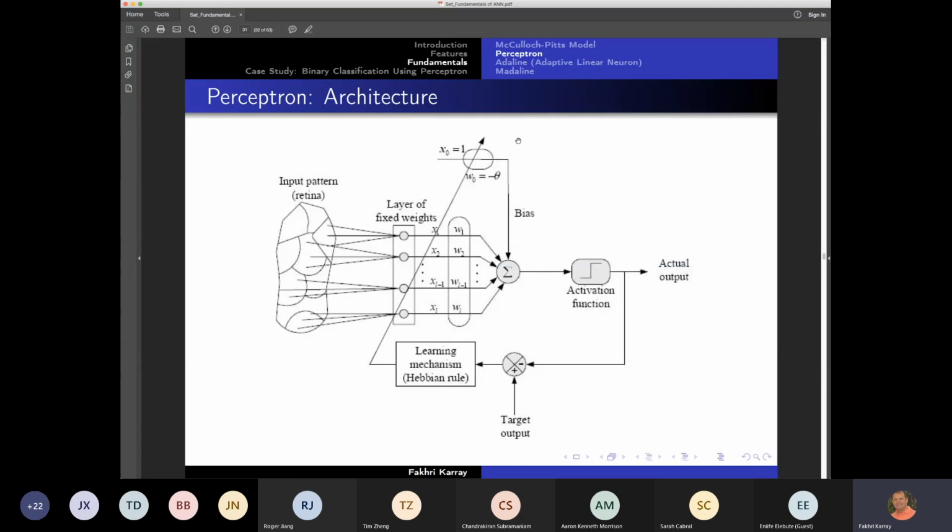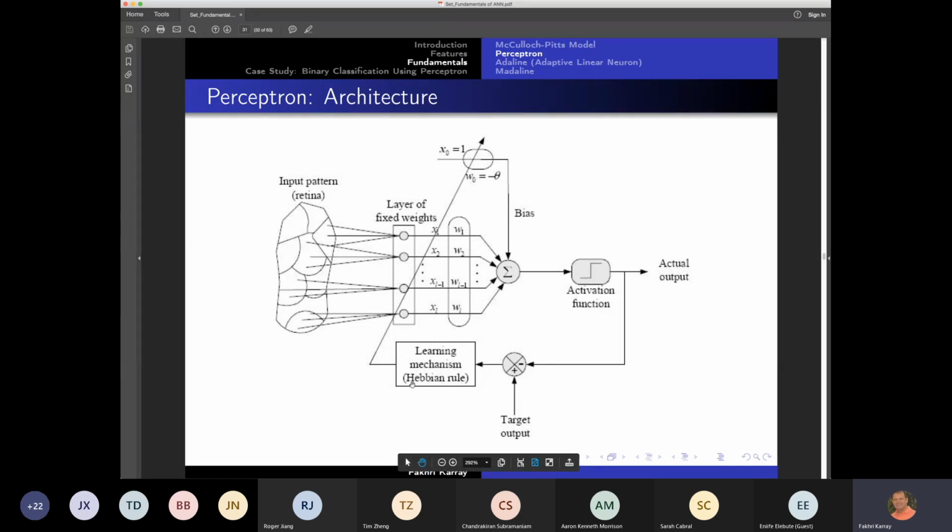So this is the structure of a perceptron. The structure of the perceptron is now more complex, but it's more visual, as you can see, and similar to what we have seen in the McCulloch-Pitts model, but it has a major difference. The major difference is that after the actual output, what the system has generated, we compare it with the target output, so there is an error.